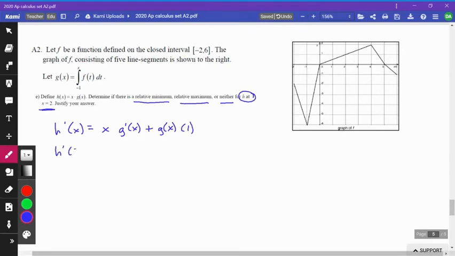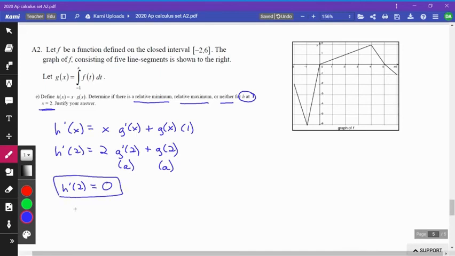When I plug in 2, I get 2 times g prime of 2 plus g of 2. G of 2, we found in part A. G prime of 2, we also found in part A. So h prime of 2, when I plug those values in, is going to be 0. So that means x equals 2 is a critical number.